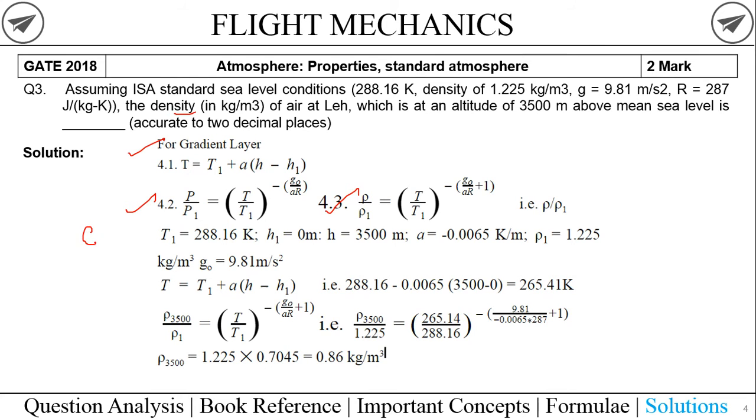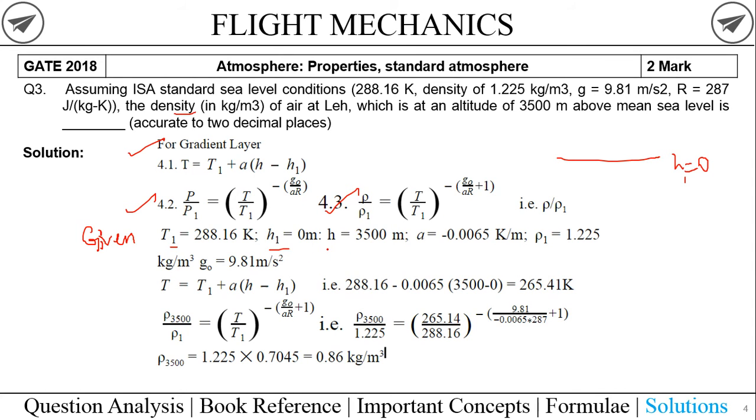So writing down the given portion of the question, you can see the sea level conditions were given, and taking the sea level conditions with the subscript 1, T1 is 288.16 Kelvin, H1 is 0 meters, that is sea level.